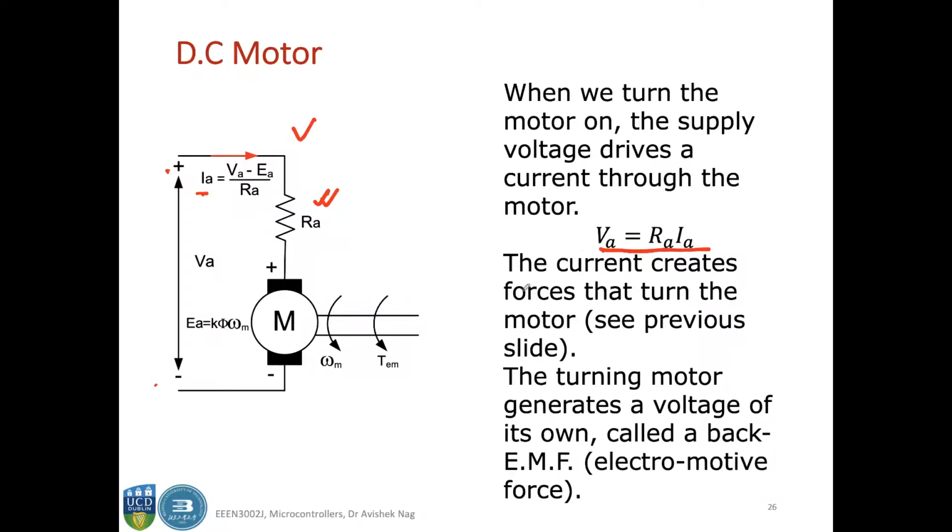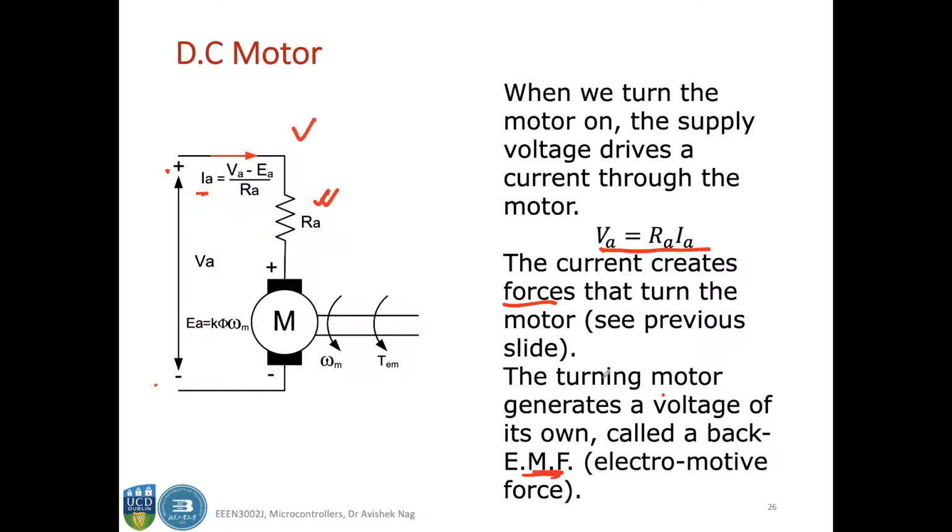So now the current which is going through this motor, as you saw in the previous slide, creates forces that turn the motor, okay. So you will have some magnetic force that will turn the motor, and then the turning motor generates a voltage of its own, and this is called a back EMF, okay.